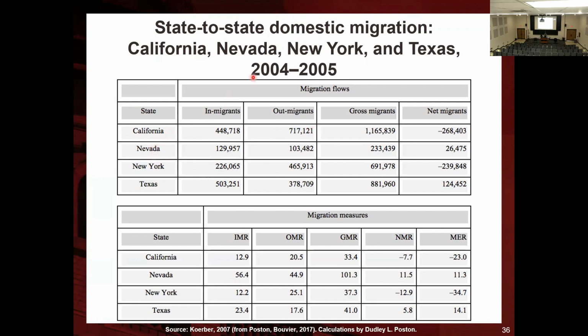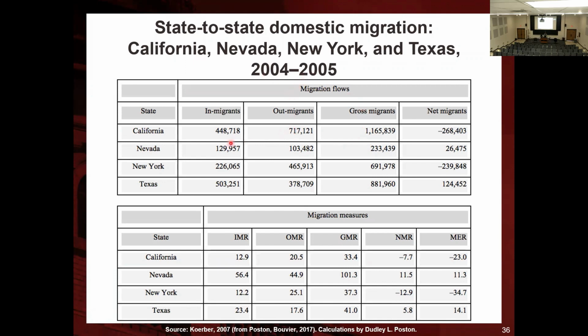So California, between 2004 and 2005, 448,000 people entered the state, coming from other states in the US, and 717,000 left the state, going to other states within the US. This number plus this number tells us that almost 1.2 million people either left or entered California from and to other states within the US between 2004 and 2005.